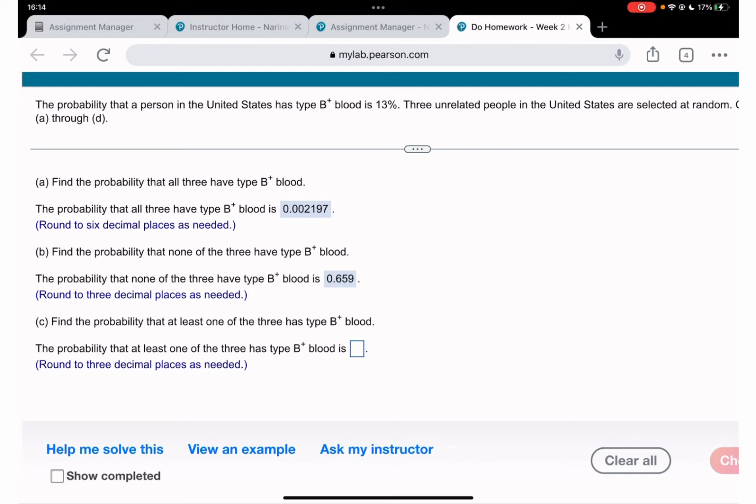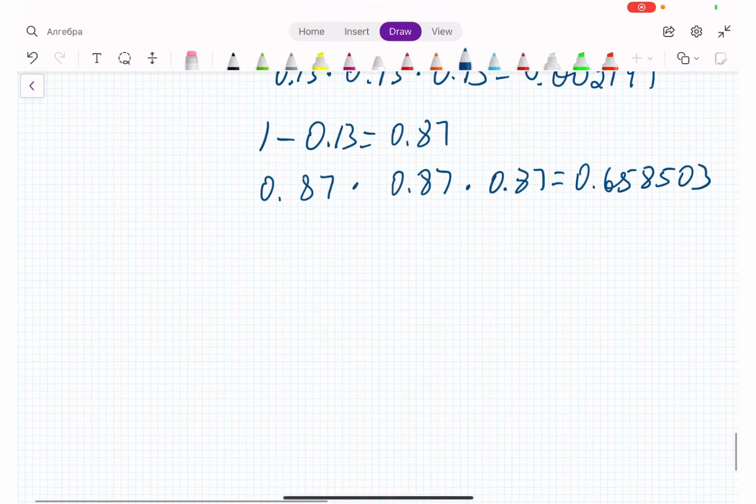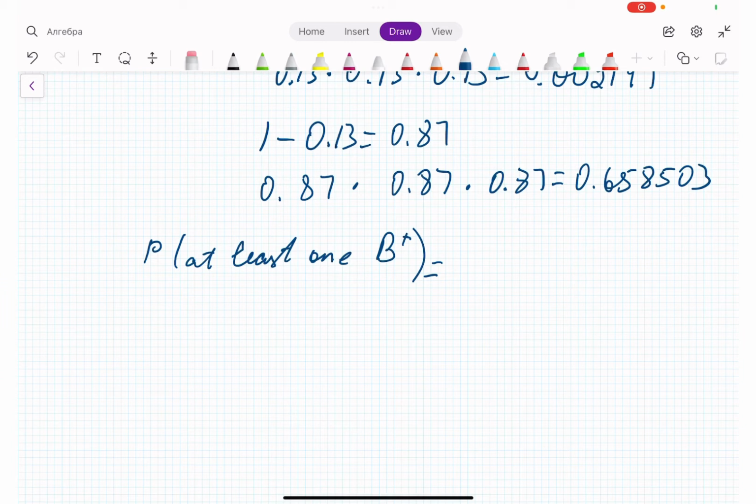Next question: find the probability that at least one of the 3 has type B plus blood. So at least one. The probability for at least one is B plus, which means I take 1, total 100%, minus the fact that none of them has, which is going to be 0.656.